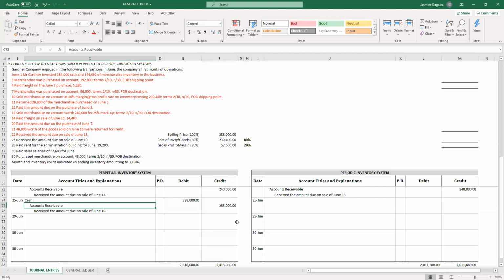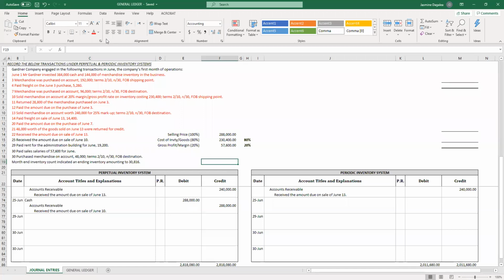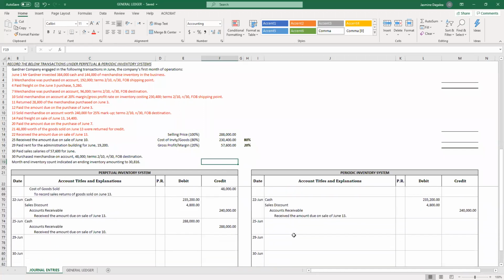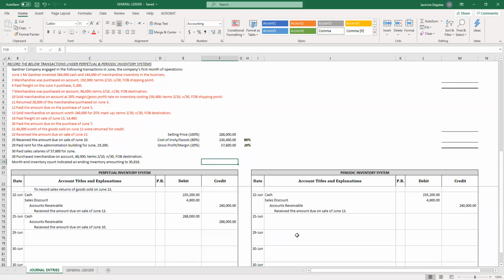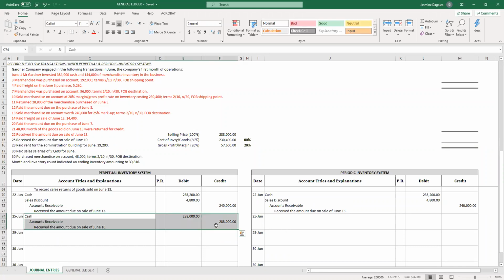Normal collection of AR. So, for the periodic inventory system, what is your entry? Same lang, ma'am.